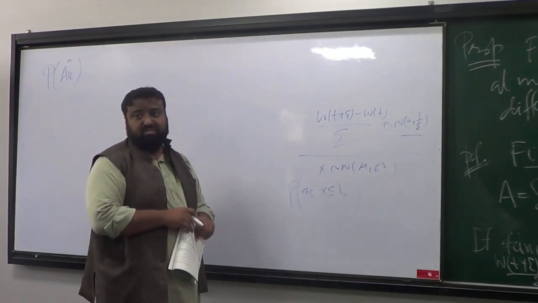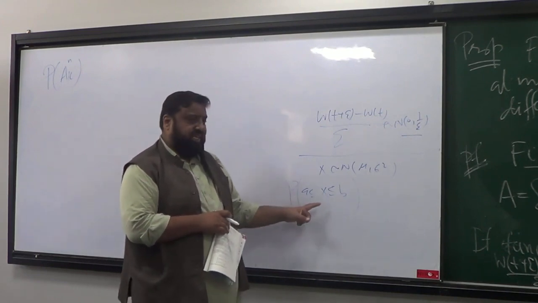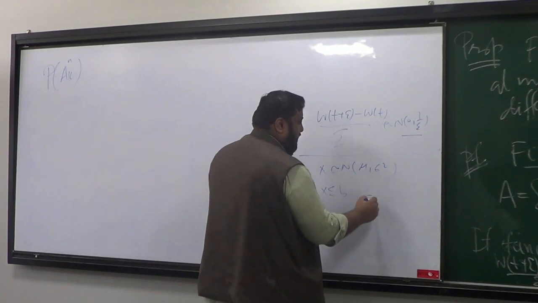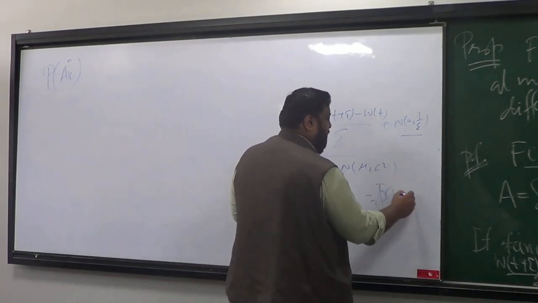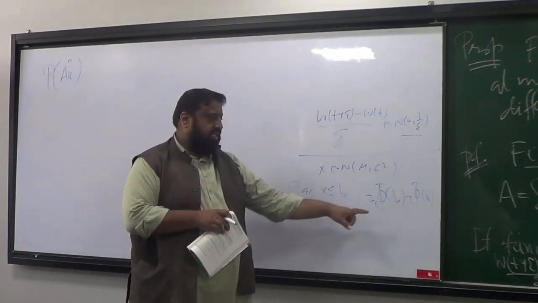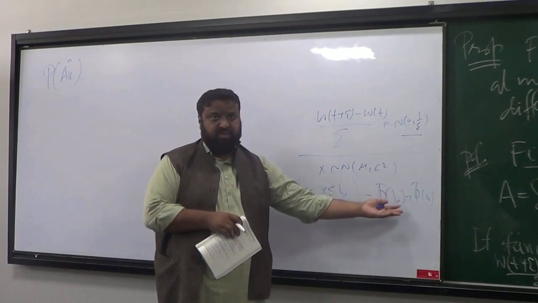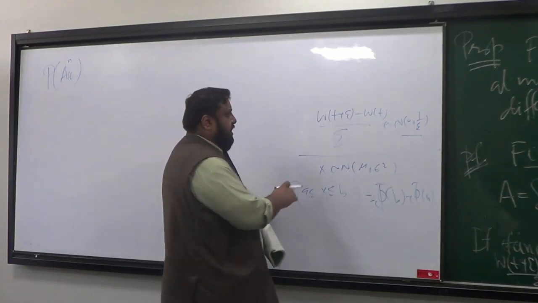What should I do? You can integrate the PDF of X. That's one of the things. But you can also take the CDF, evaluate it at b, and subtract the CDF evaluated at a. Because this is the probability of X being less than or equal to b, and this is the probability of X being less than or equal to a. What would be the probability now?